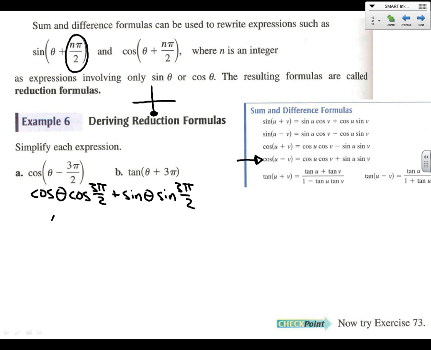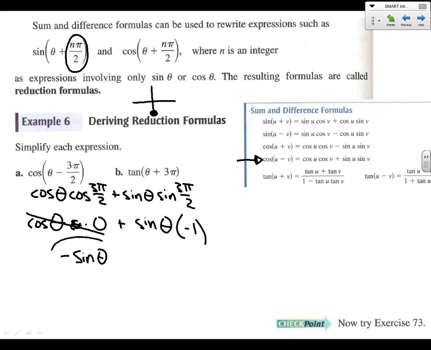The cosine there is 0. Sorry, backwards. Cosine theta times 0 plus sine theta. And down here, the sine value is -1. That'll go away. We're left with negative sine theta.